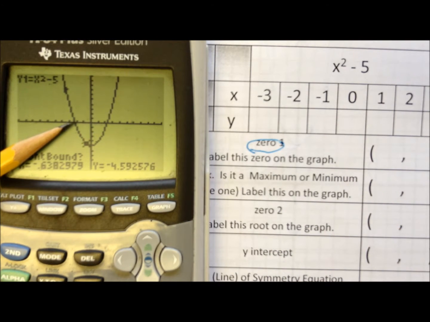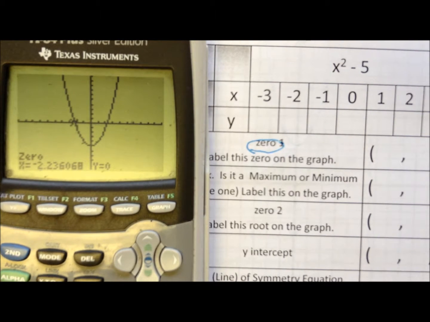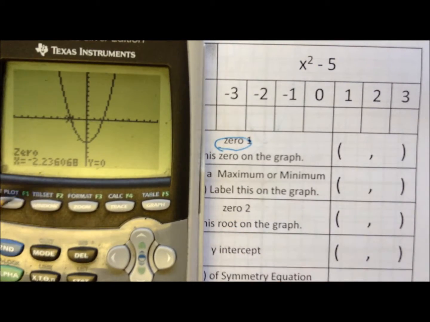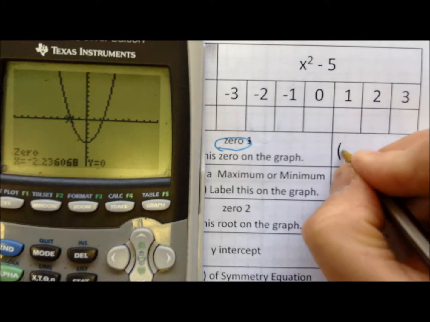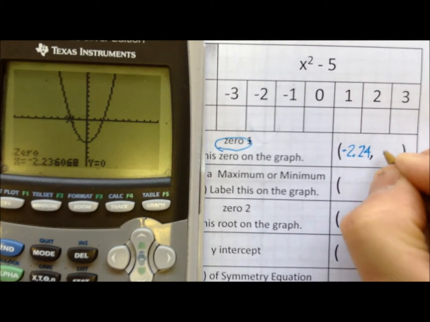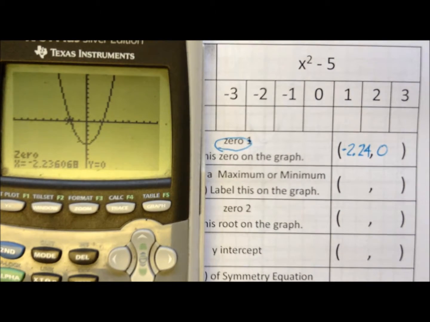I hope you say yes. So hit enter again. Tell the calculator, no, I don't want to guess. And right here, it'll tell you the value of the x-intercept. So in this particular case, one of my zeros, one of my x-intercepts, is going to be negative 2.24, a couple of decimal places.